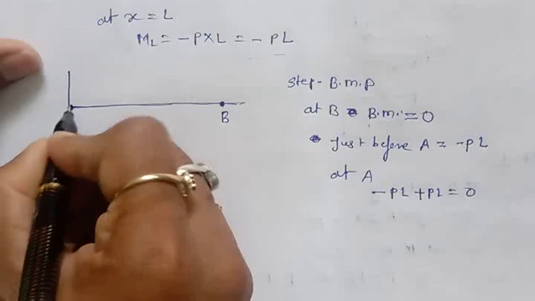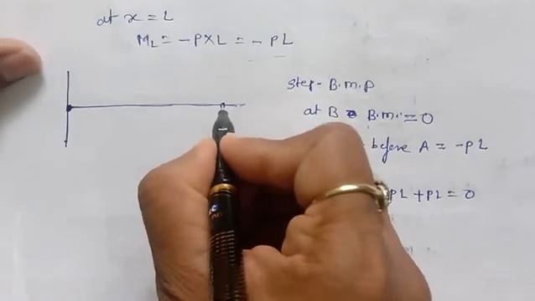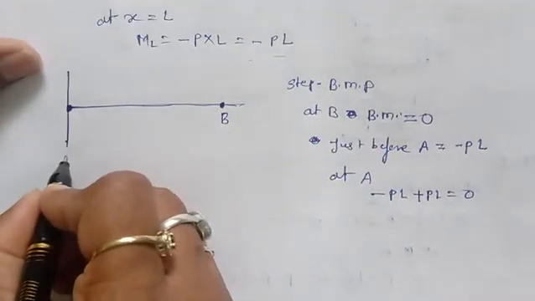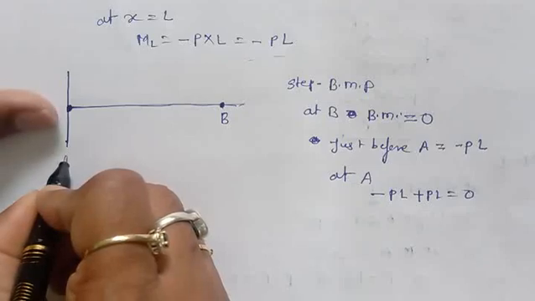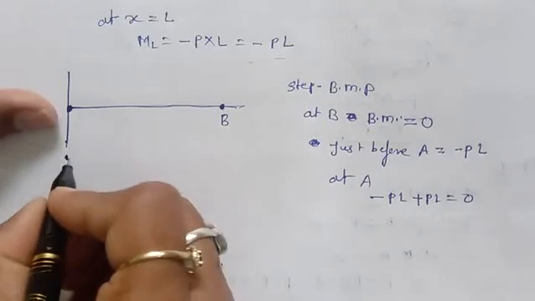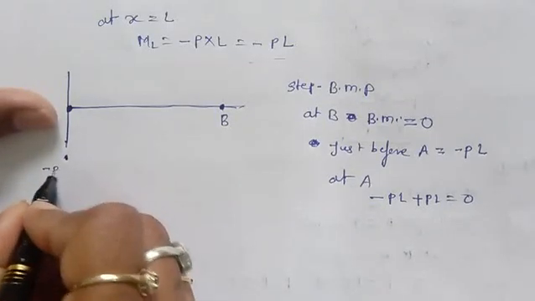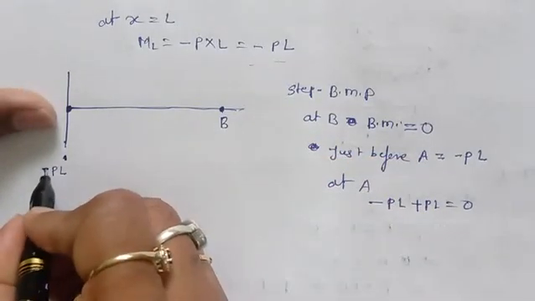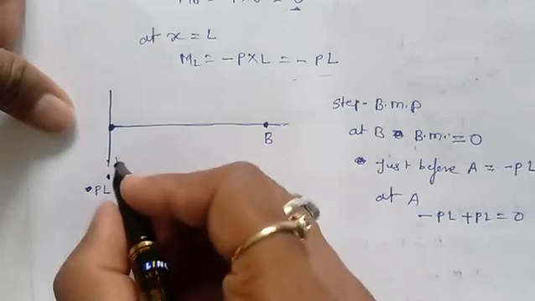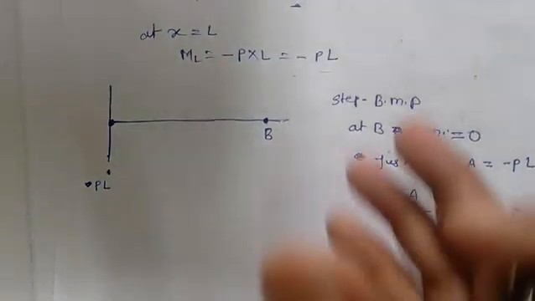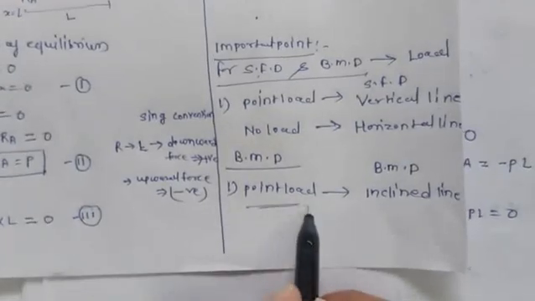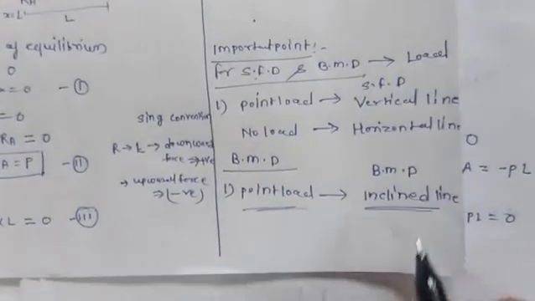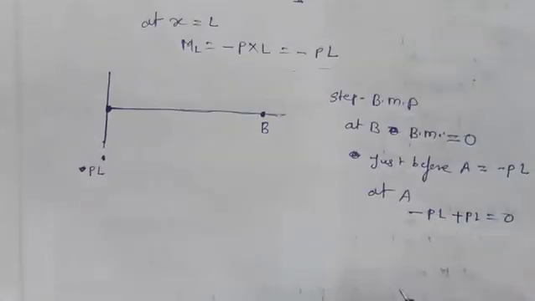So at A it will be 0, at B it will be 0, and just before A it will be some value, minus P into L, because it is on the negative side, so we take it as negative. And we already discussed that if you draw the bending moment with a point load, it will be an inclined line. This is very important. So now we can draw this inclined line.